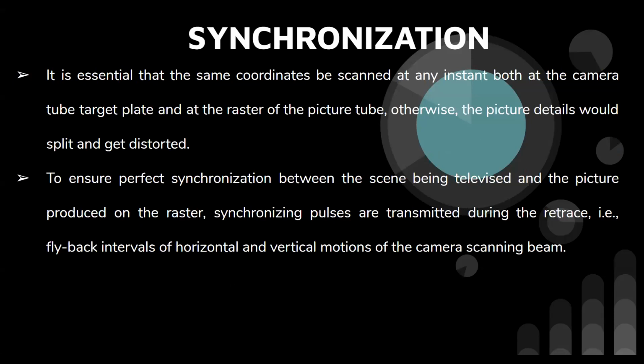Because you have to scan whatever the required contents. The same coordinates must be scanned at any instant, both at the camera tube target plate and the raster screen, the picture tube, otherwise the picture details would be split and get distorted. So therefore very important.